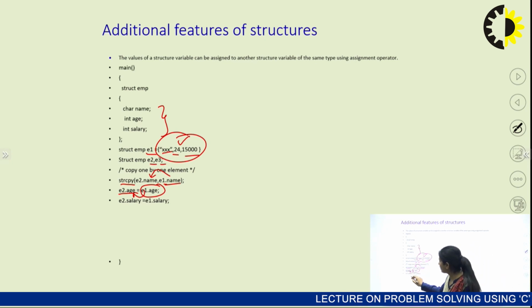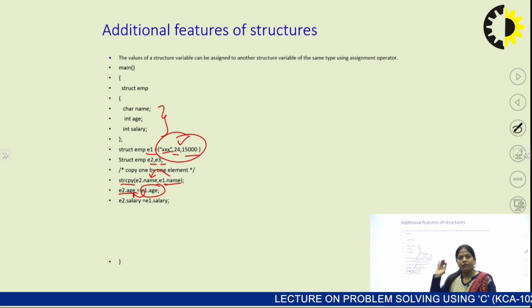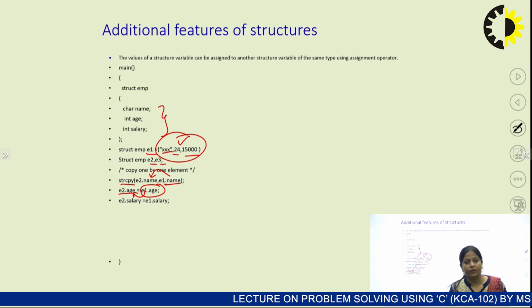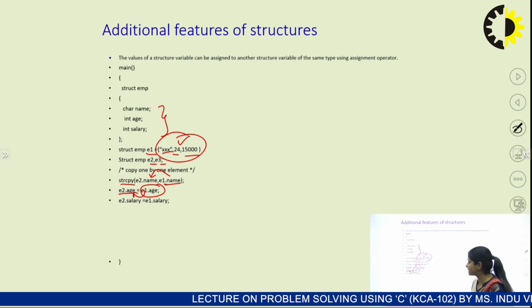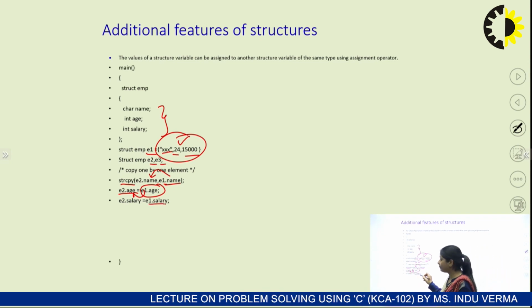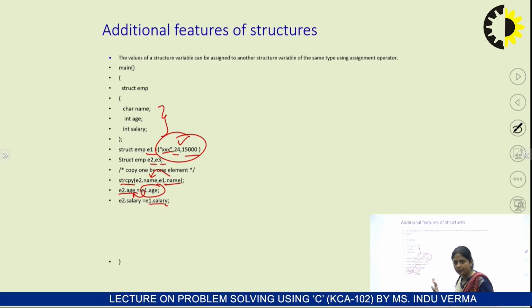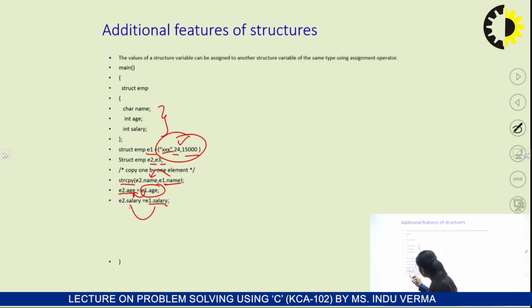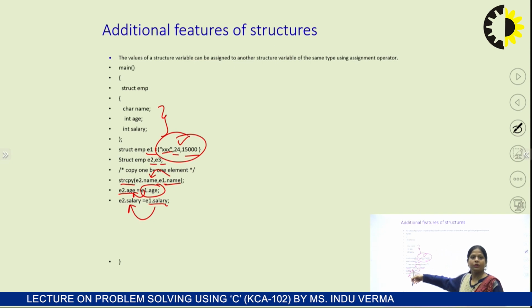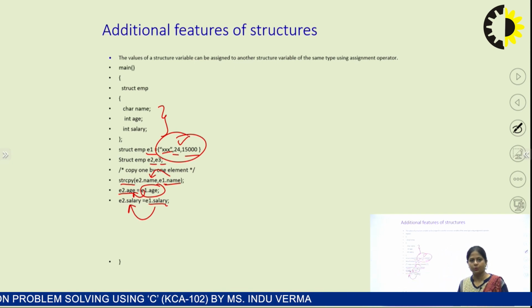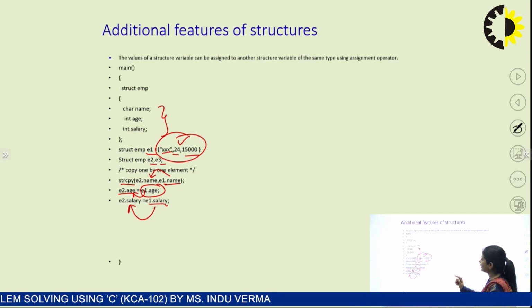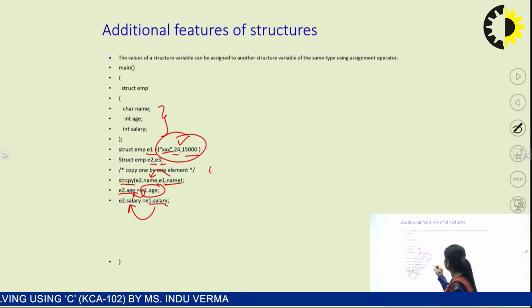Similarly, E2.salary = E1.salary. We should keep this in mind: whatever value we are going to assign will be on the right hand side, and the variable to which we are going to assign will be on the left hand side. Fine, that is most important. Okay, that is copying one by one.